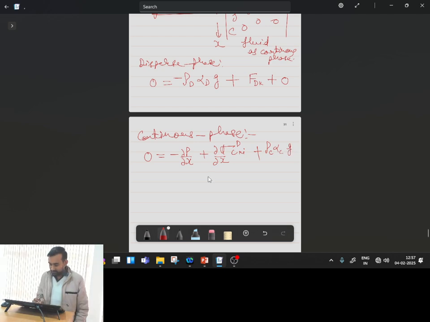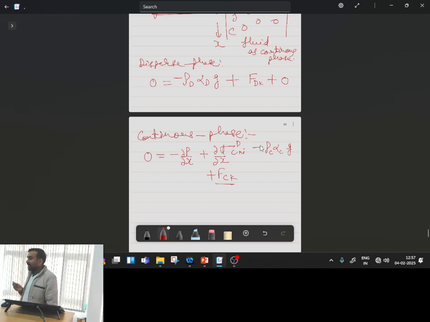And what else? Interaction force on the continuous phase in the kth direction. If the continuous phase is applying some force on particles, then particles are also displacing it from beneath them. So it means particles are also applying some force on the continuous phase. That is F_ck. Oh sorry, this will be negative.